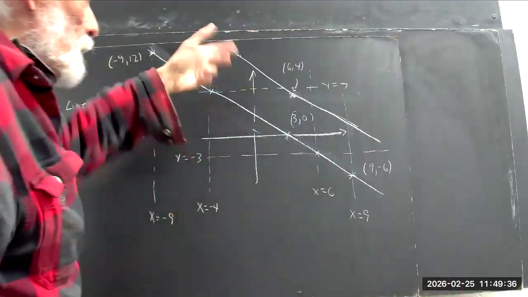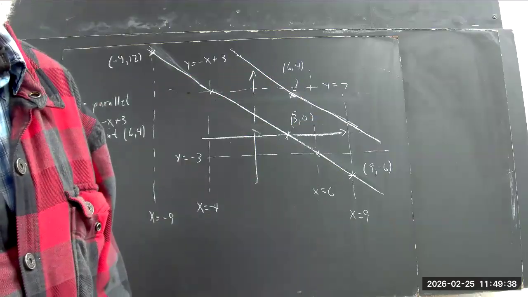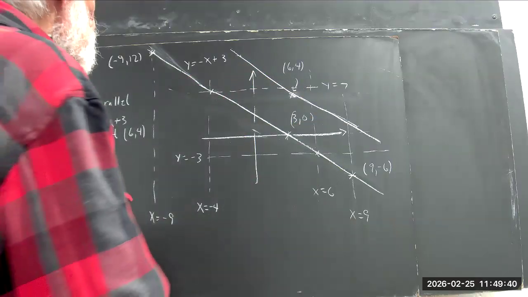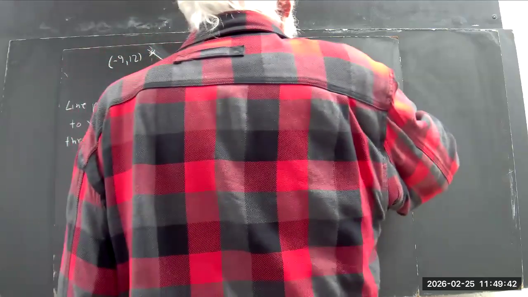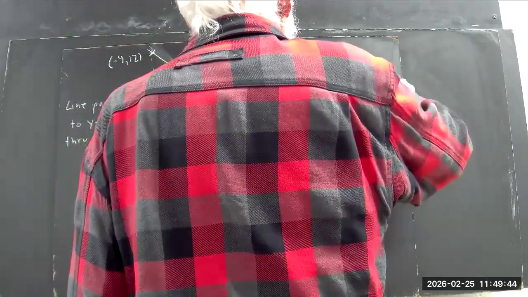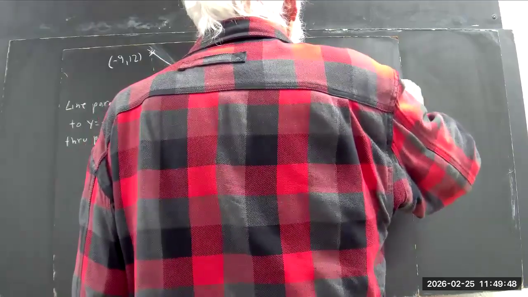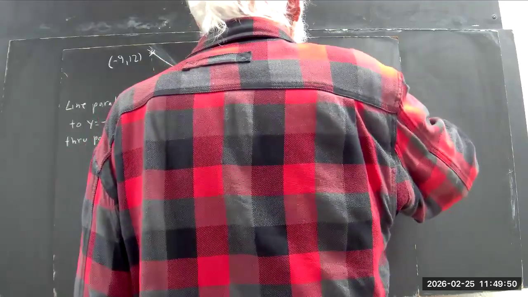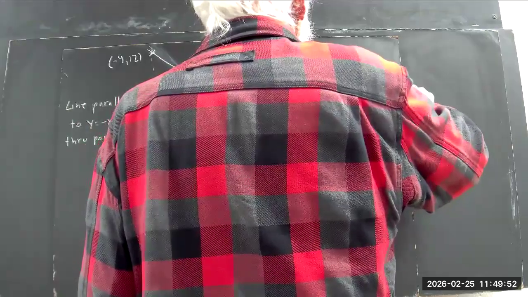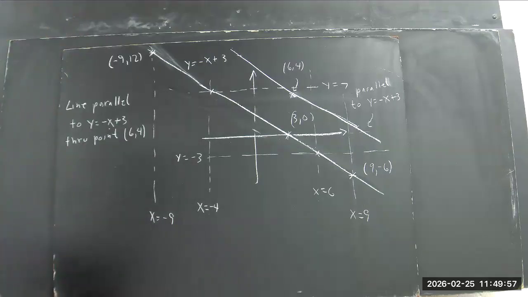Okay, well, not great, but we assume this is a parallel line, okay? This line is parallel to y equals negative x plus 3.